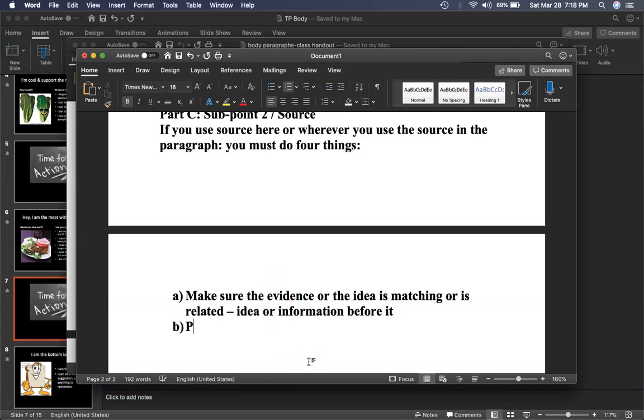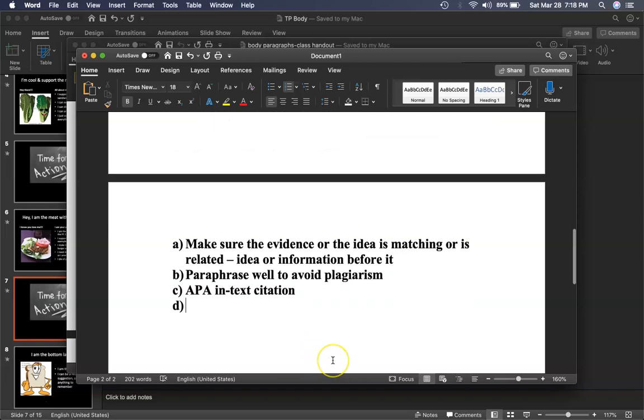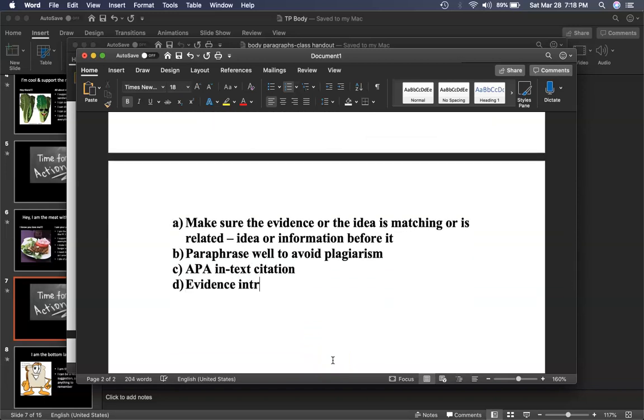B, paraphrase well to avoid plagiarism. C, APA in-text citation. D, evidence integration. So you already did one part of integration here, that the information before is matching.